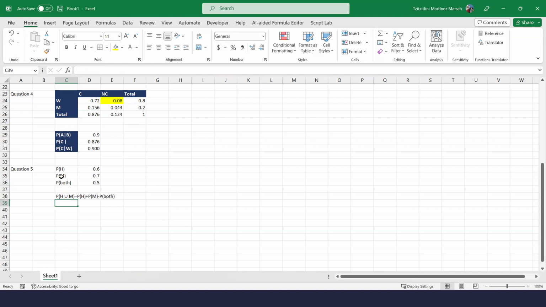That's the formula. So the probability of H plus the probability of M minus the probability of both will give us 0.8. So you have an 80% chance you'll pass one or the other.